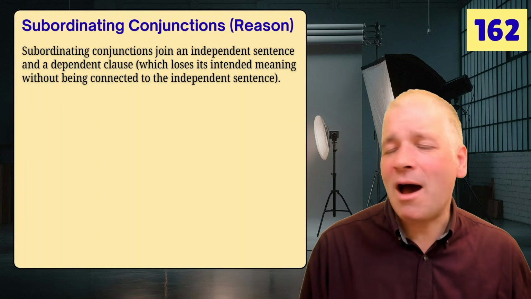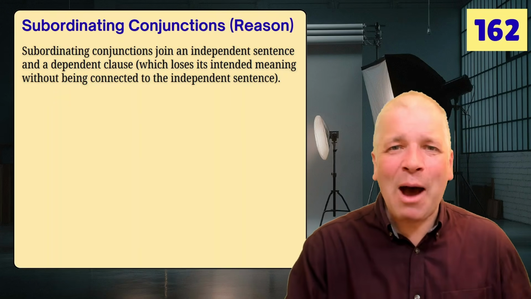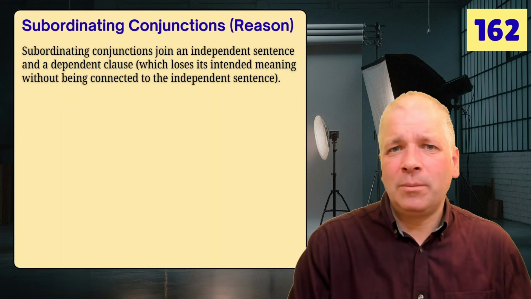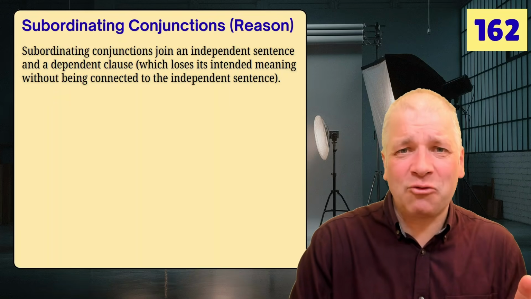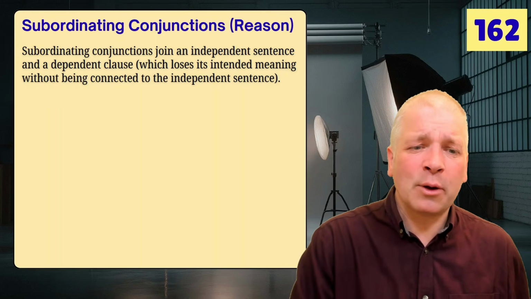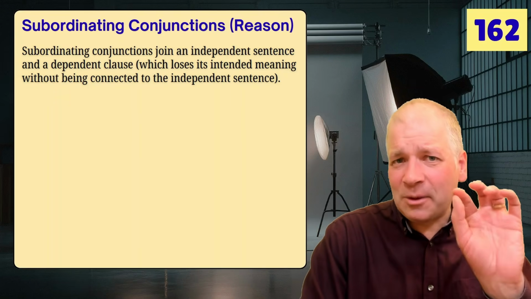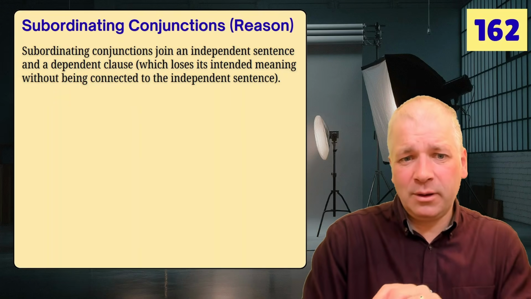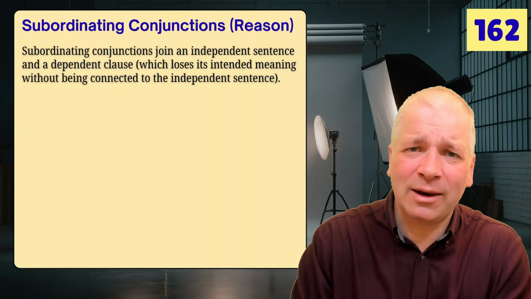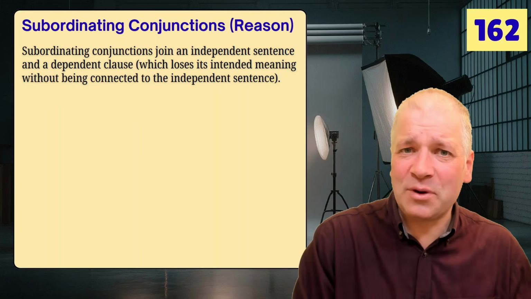If I just have unless you finish the video early, it's really meaningless without saying you will learn all of English grammar. But on the other hand, you will learn all of English grammar can be independent, because that can be a sentence on its own. So a subordinating conjunction introduces a dependent clause. The subordinating conjunction in the example I just gave is unless. But first of all, let's look at subordinating conjunctions of reason.